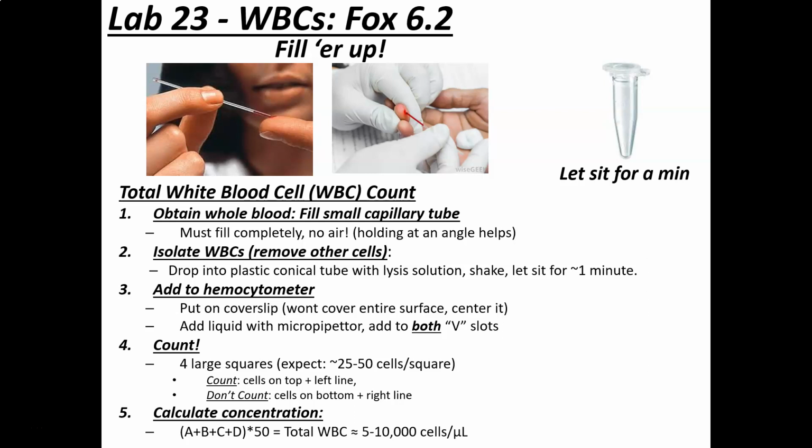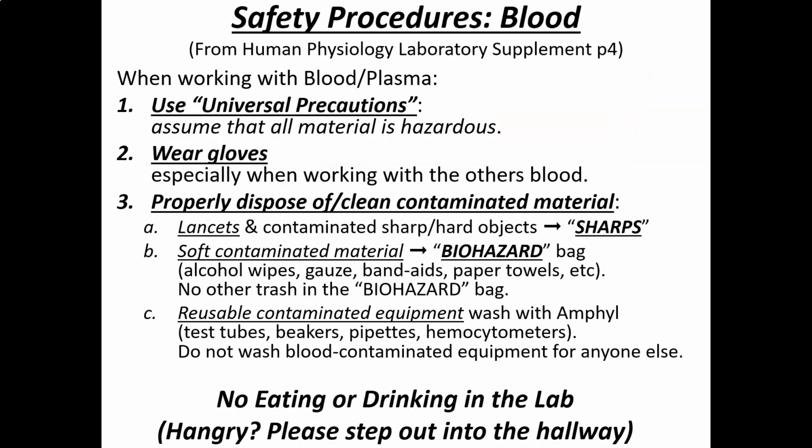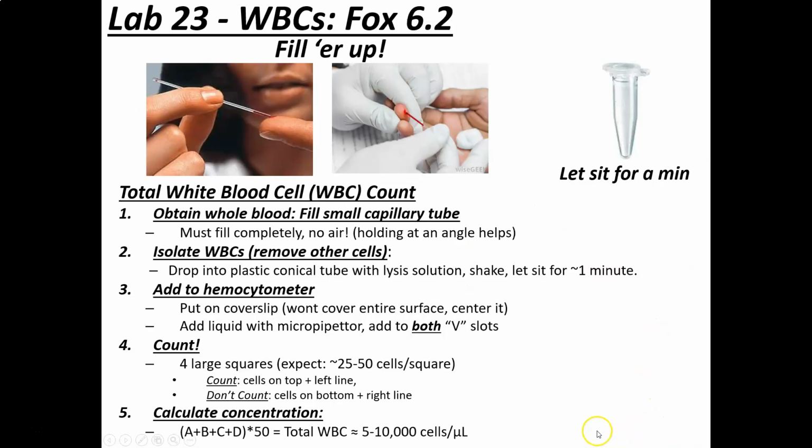So we're going to do the same thing we did before to some extent. Again, we have the blood safety handling procedures we'd go over in class if we're doing it in class. And you do a total white cell count in a very similar way, but with a few major differences from the way we do it for the red cells. We're going to get a small centrifuge tube, but this time it's going to be blue. So it's going to have a methylene blue dye in it.